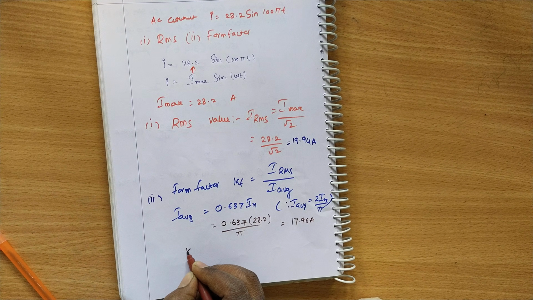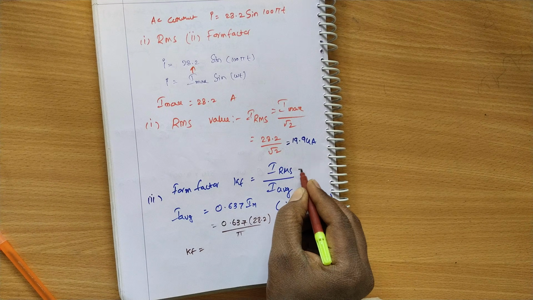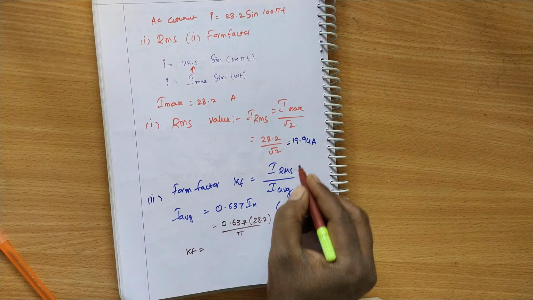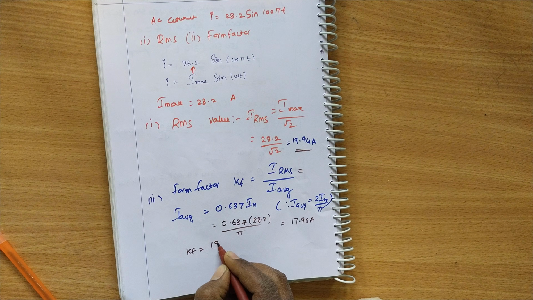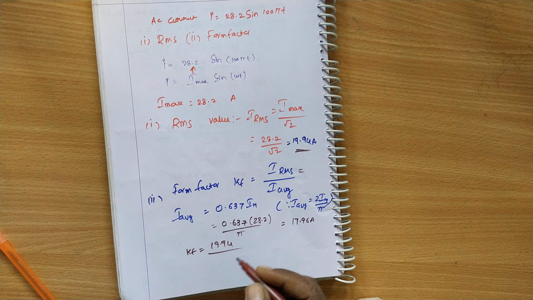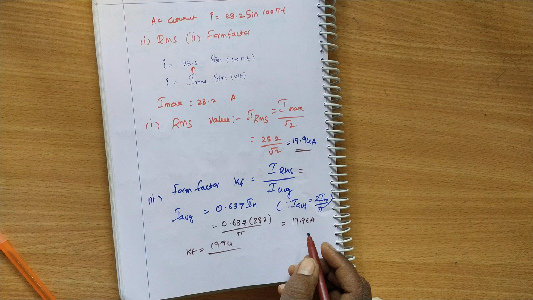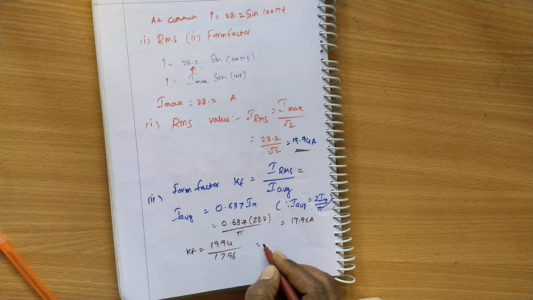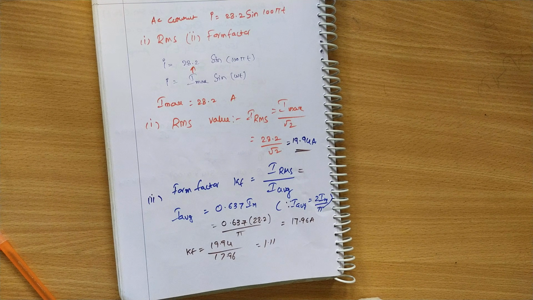Now we are going for calculation of form factor. Form factor Kf equal to IRMS, we are substituting IRMS, already we calculated, 19.94 divided by the average value, 17.96. The ratio gives 1.11. This is the answer for form factor.